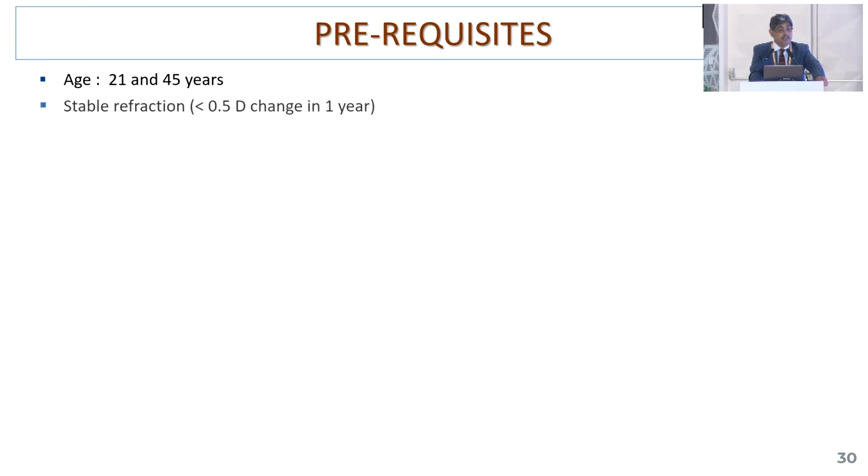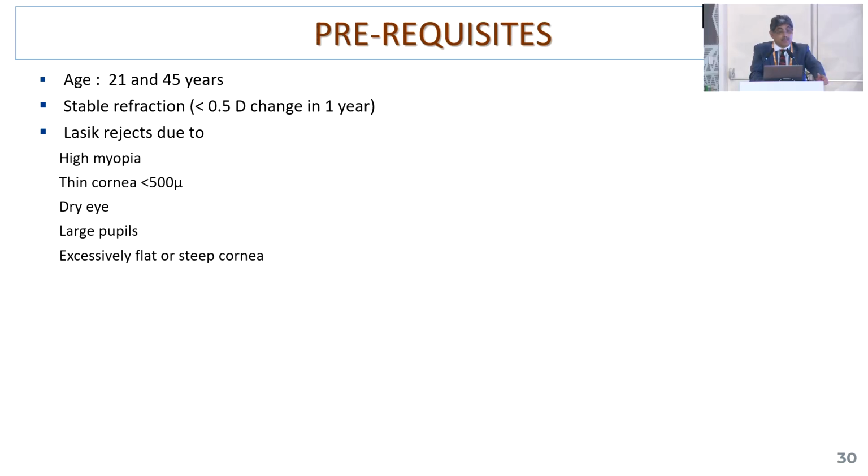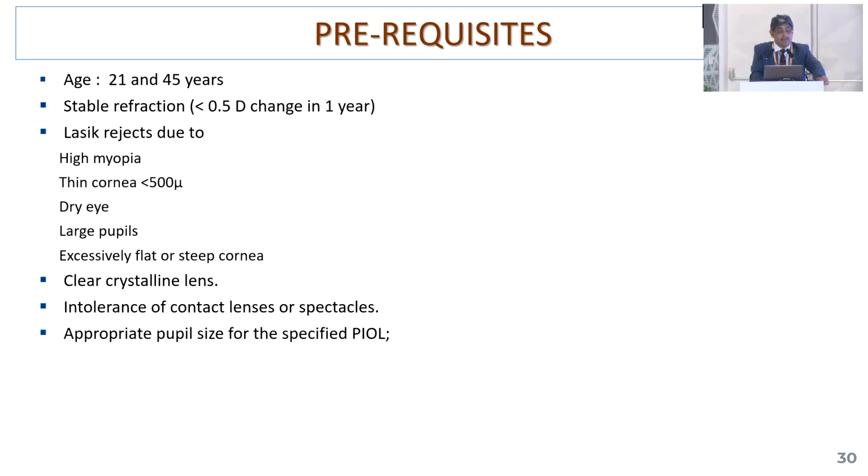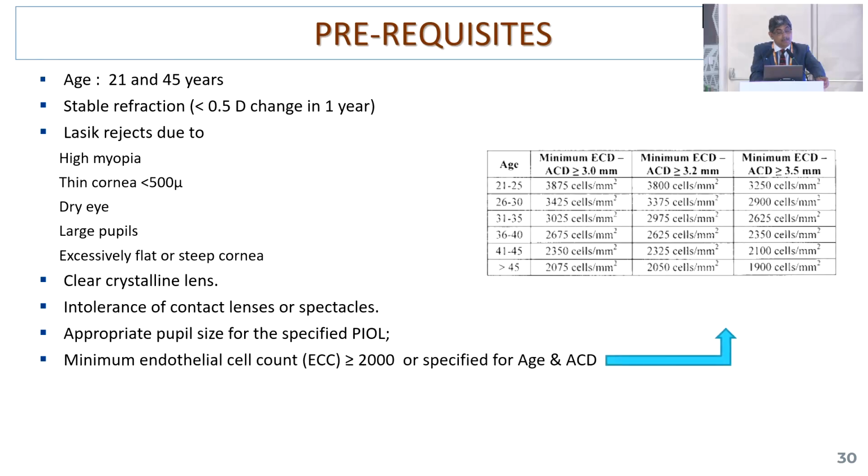Prerequisites are that the age recommended by STAR is 21 and up to 45 years of age. We can do it early when the refraction is stable for more than 1 year. LASIK rejects are cases due to high myopia, thin corneas less than 500 micron, dry eye patients, large pupils, excessively flat or steep cornea where we cannot do the corneal surface procedure, clear crystalline lenses, their lenses are clear, and the intolerance of contact lens or spectacles is seen, and appropriate pupil size is there, which is very important because you can face a litigation later.